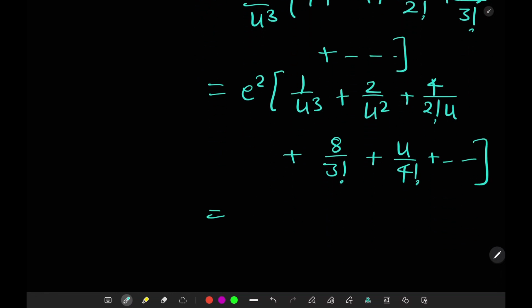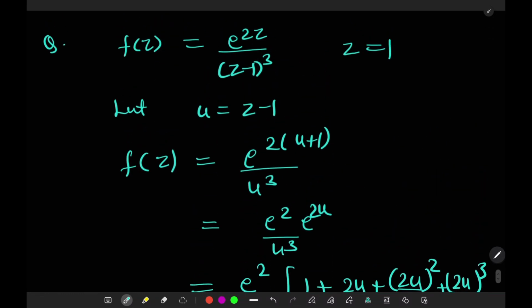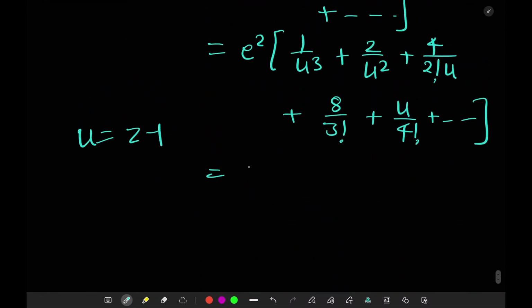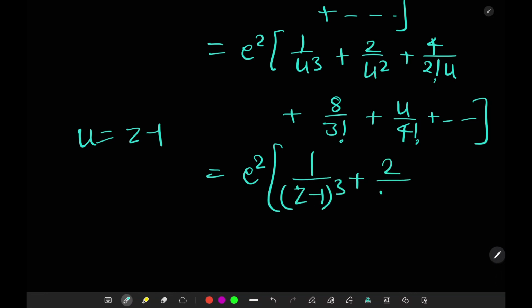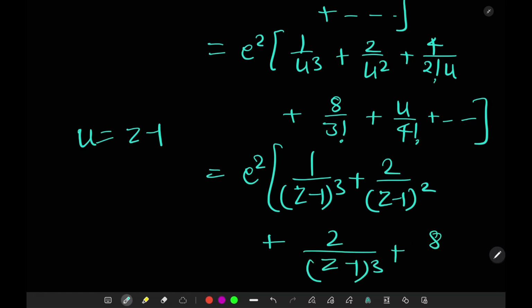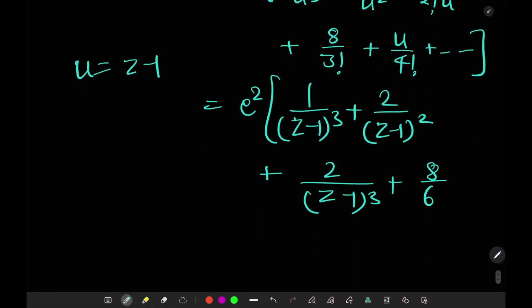Now putting the value of u equals z minus 1, this becomes this, so this is square plus 4 divided by factorial 2, this equals 2, and divided by (z minus 1) whole cube plus 8 by, sorry, we can write here 3 factorial plus (z minus 1) divided by 4 factorial up to and so on.